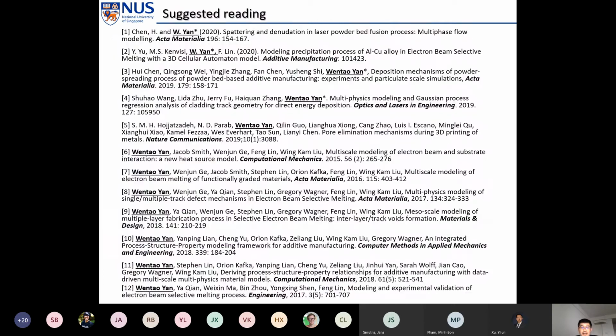So due to time limitations, I just very briefly introduce all of these models. If you are interested, you can read our papers listed here.